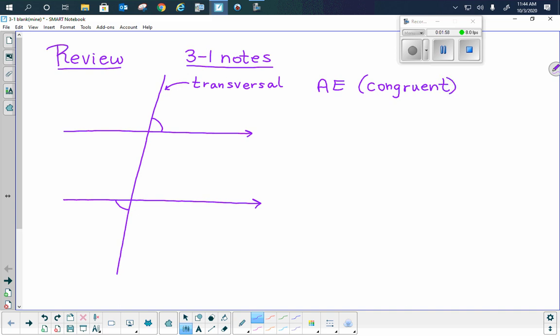Okay. All right, next one, let's do alternate interior angles. Okay. And alternate interior angles are also congruent to each other if the lines are parallel, like in this picture.